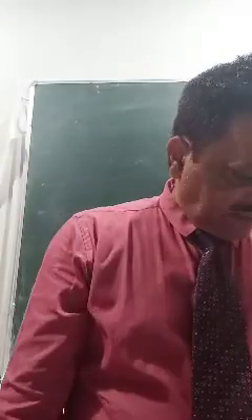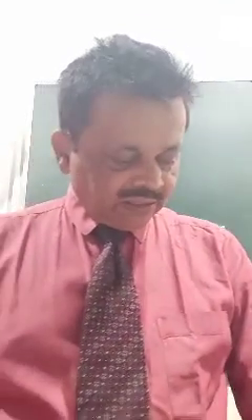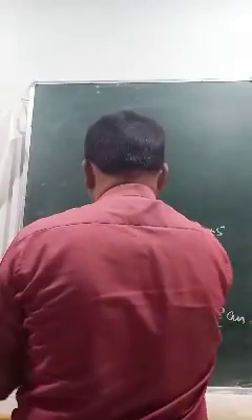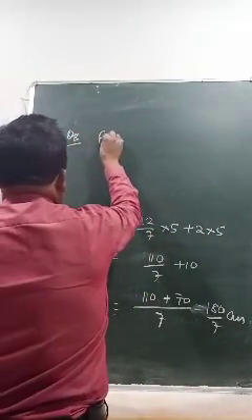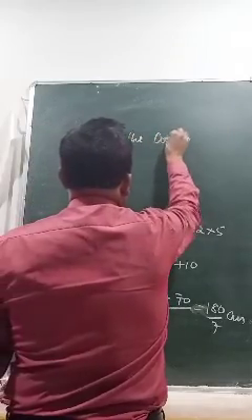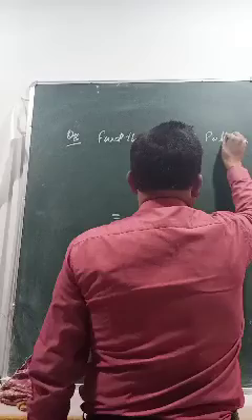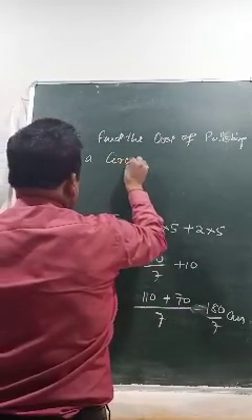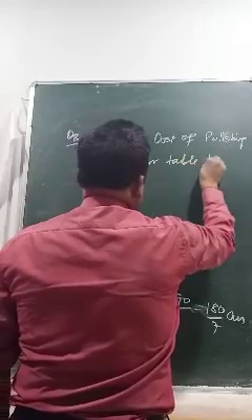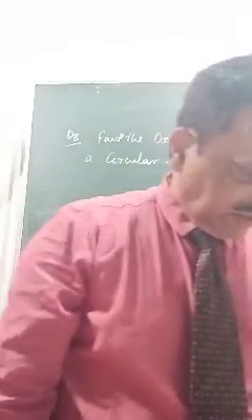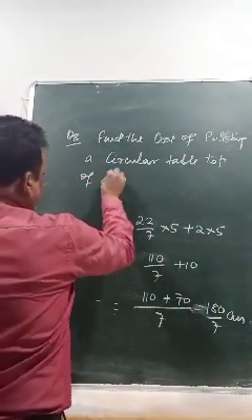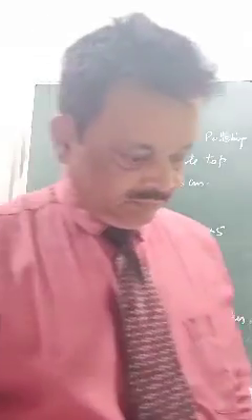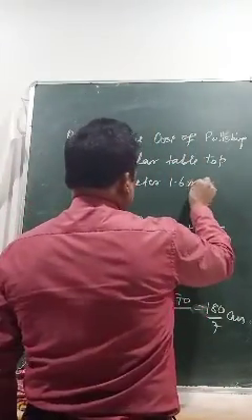Okay, next. Question number 8. Find the cost of polishing a circular tabletop of diameter 1.6 meter.